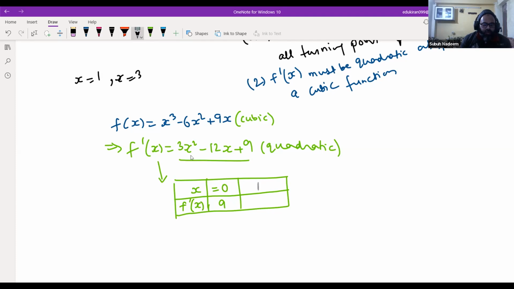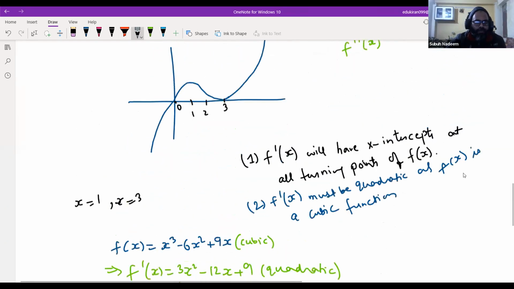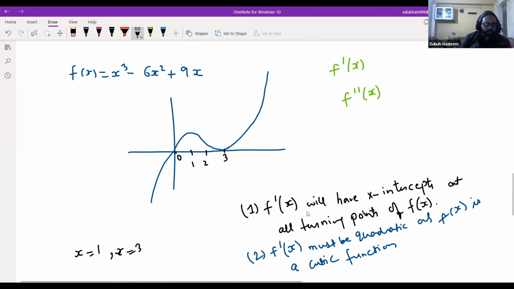So when you put x is equal to 1, this will be 3 minus 12 plus 9, it will be 0. That means (0, 9) is 1 point through which it is passing, and (1, 0) is another point through which it is passing. Are you getting till here, Sathya? Yes, sir. So (0, 9) and (1, 0). (0, 9) will be somewhere here on the y-axis, and (1, 0) is here.